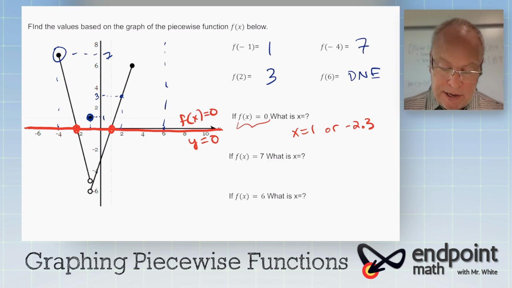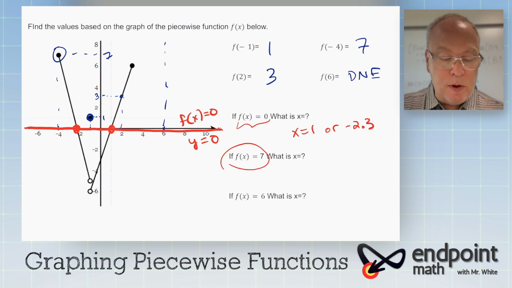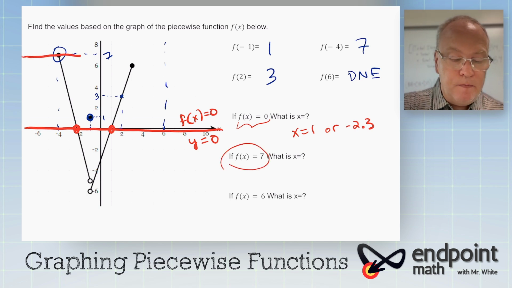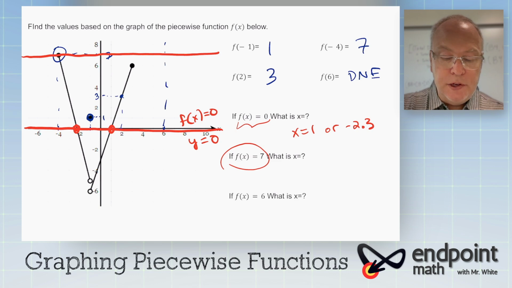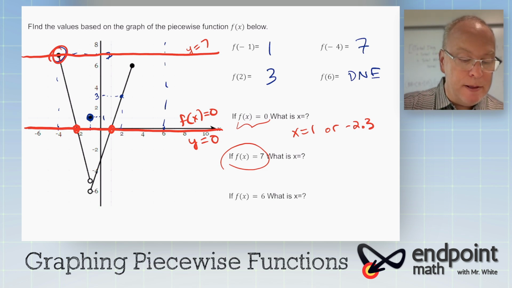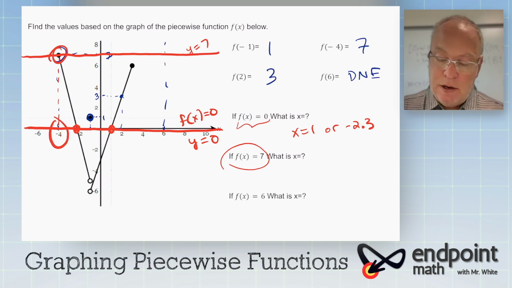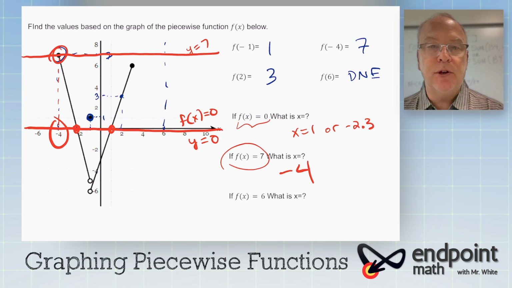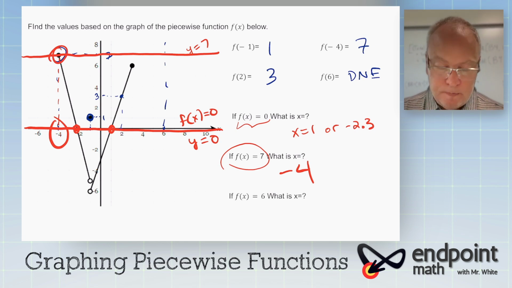If f of x equals 7, I'm looking at the next one. Up here, this is y equals 7. There's only one spot where that happens. It's at x equals negative 4. You see how I'm trying to show you where my eyeballs are going as I'm solving these. What about when f of x equals 6?